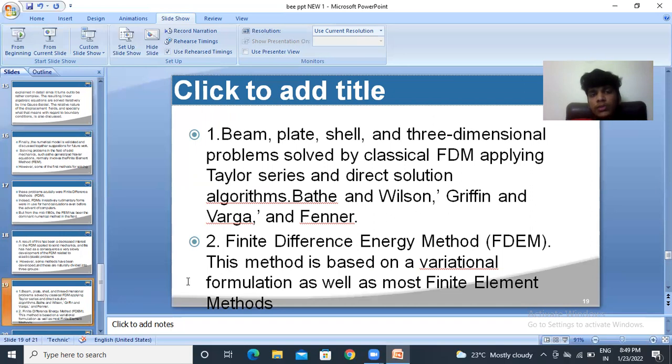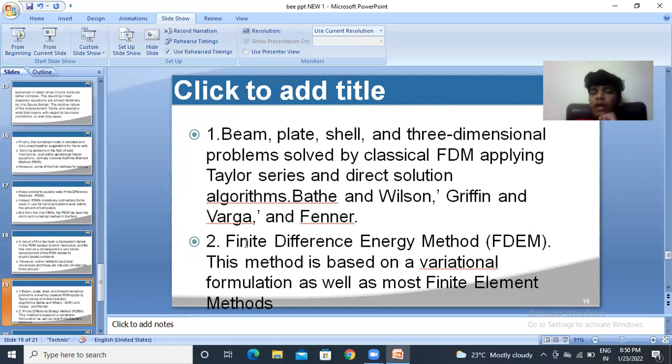Those three groups are, first, beam, plate, shell, and three-dimensional problems solved by the classical FDM applying Taylor series and direct solution algorithms: Bates and Wilson, Griffin and Varga and Fenner. So this was the first method.